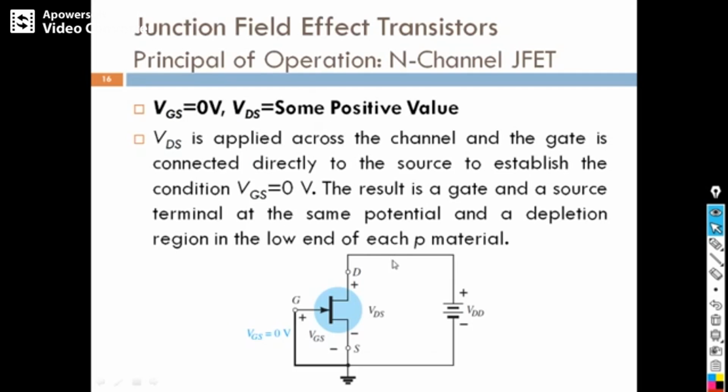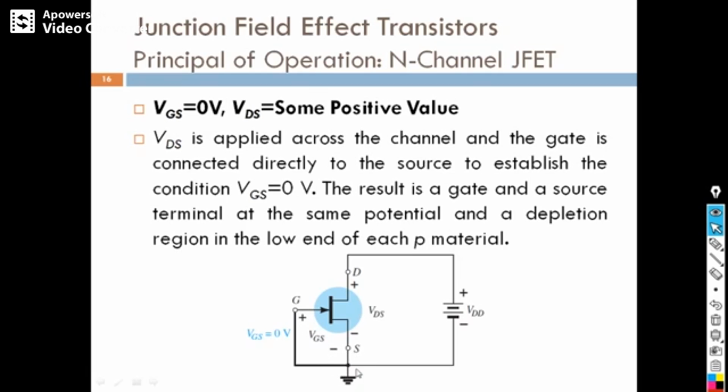Now, when you increase the reverse bias, here in the diagram you can see we have initially connected VGS to 0. VGS equal to 0 means gate and source are shorted, and no potential is given between gate and source.